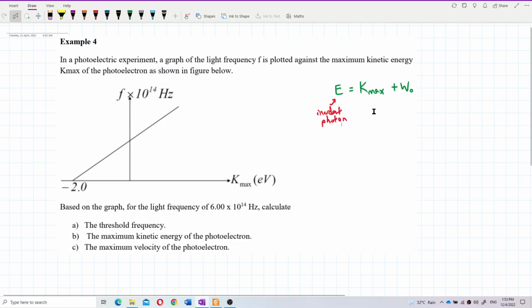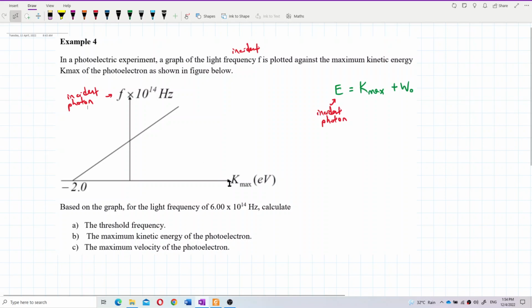Here, the light frequency f refers to the frequency of the incident photon.